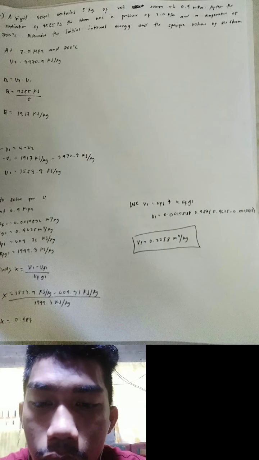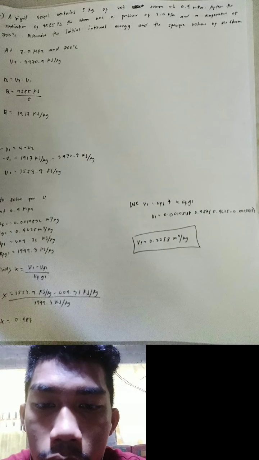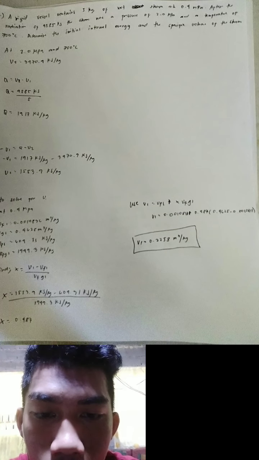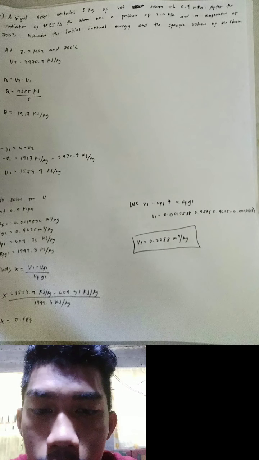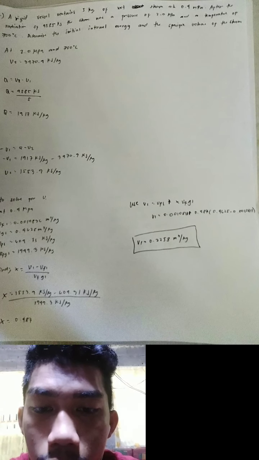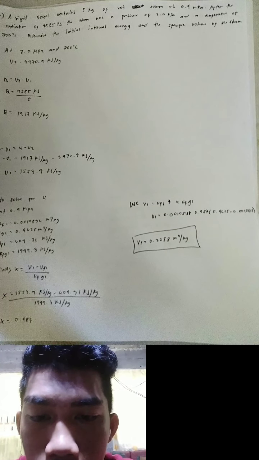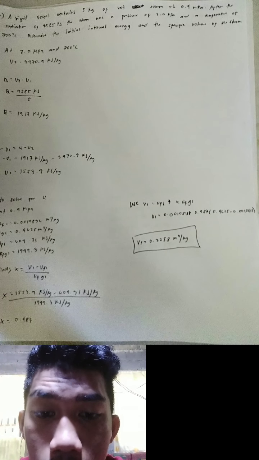So the X equals the value of U1, which is 1,553.9 kilojoules per kilogram, minus the Uf1, which is 604.31 kilojoules per kilogram, divided by the Ufg1, which is 1,949.3 kilojoules per kilogram. So the value for the X is 0.487.